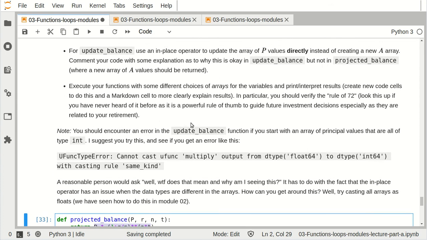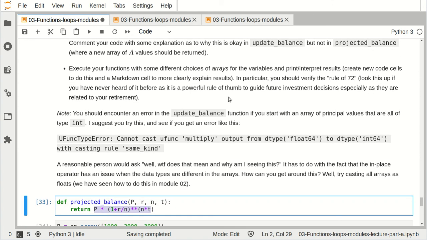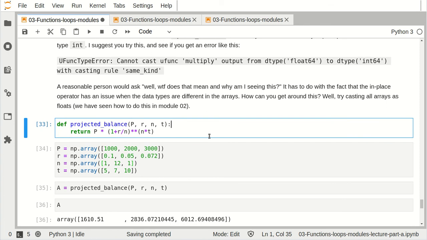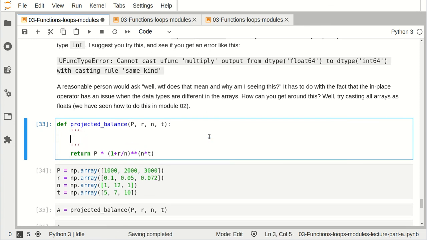Now, I do suggest that you should comment your code with some explanations, as to why it's okay in update balance but not project balance here. So here, I would say you should have a docstring, and you should put some explanation, not what I'm writing here, because this is something for you to do. Put some explanation as to the formula used and purpose of this function. That's for you to do.